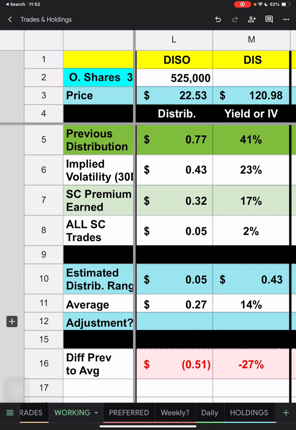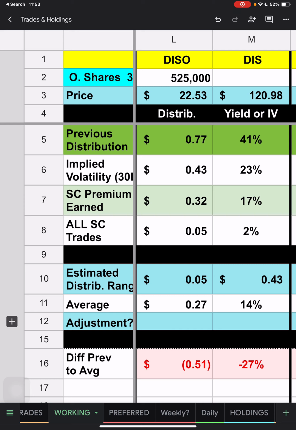But anyway, we finally get into the D's. So we've got Dizzo here. We don't have a lot of outstanding shares for this one. The previous distribution was 77 cents. If we look at our current 30-day IV, we're at 23%, so the estimate right now is only 43 cents based on that.